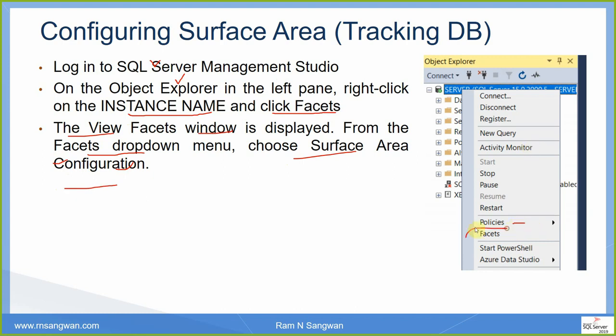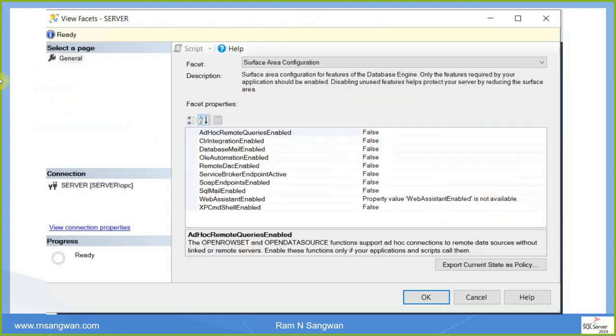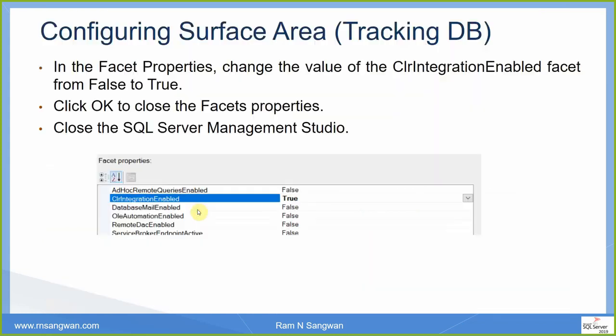So first you select this, and after that you select the surface area. Then you enable or disable it. By default you will see it is disabled. You select enabled and set it to true, and then you are done.